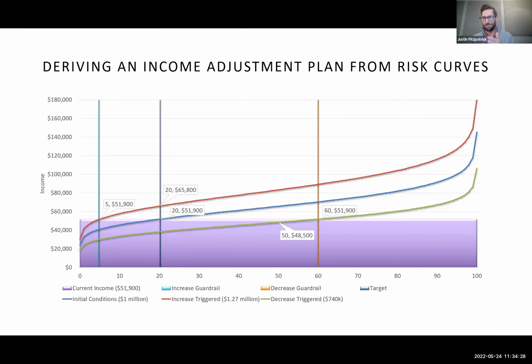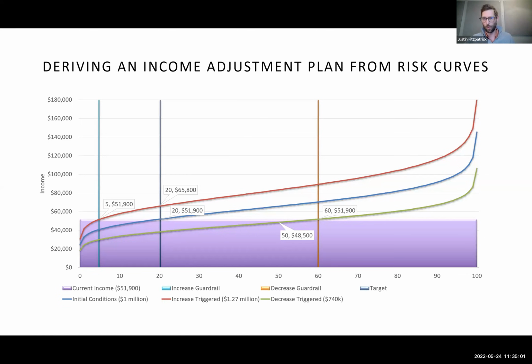And what's going on behind those numbers is we're trying to figure out what would change our risk enough that we would need to change our spending level, both on the upside and downside. And so that's what you see here. The blue line is the beginning point. It turns out if, within the near term, tomorrow, the next year, the next couple of years, we were up to about 1.27 million, call it 1.3 million, this particular situation would go from a risk of 20 to a risk of 5.